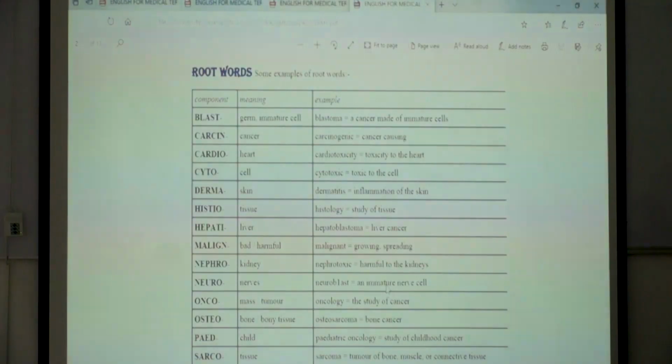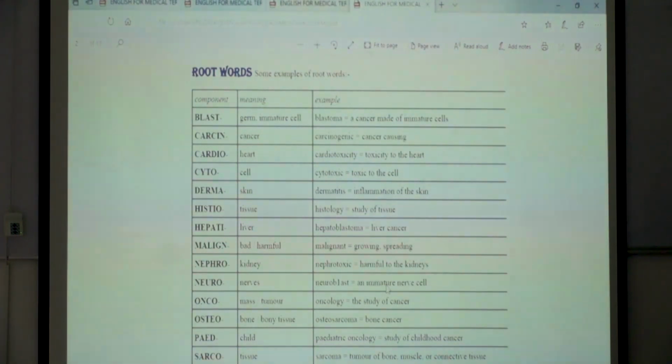Cytoplast means immature cell, or cytoplastoma, a cancer made by immature cells, or carcinoma, or carcinogenic. You see, in all these, the combination between the root and the suffix gives the meaning to the term.